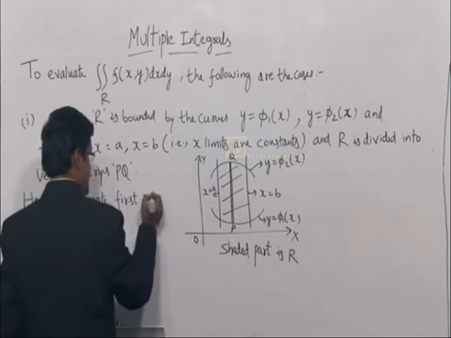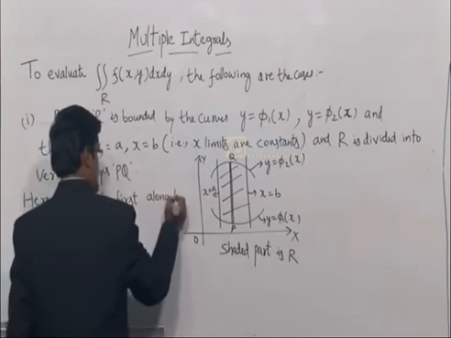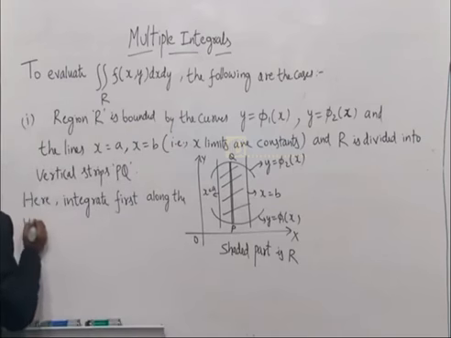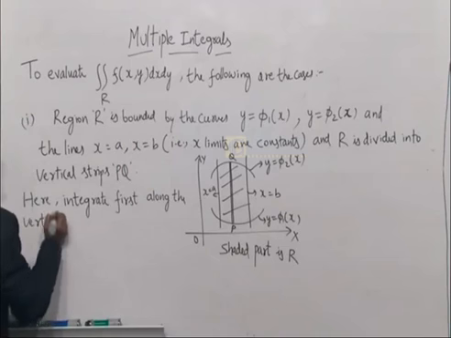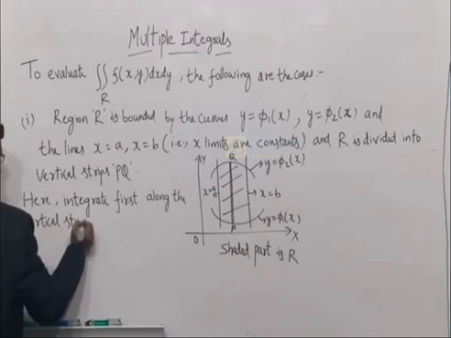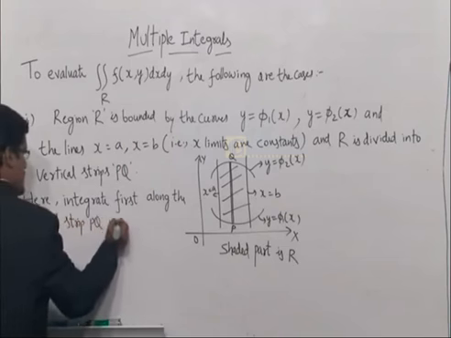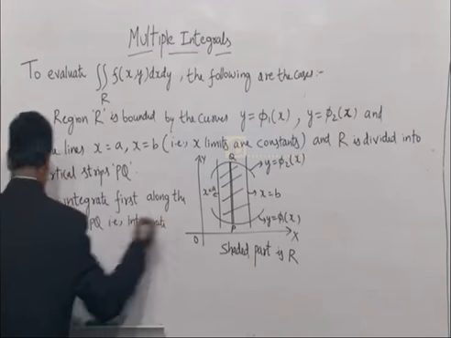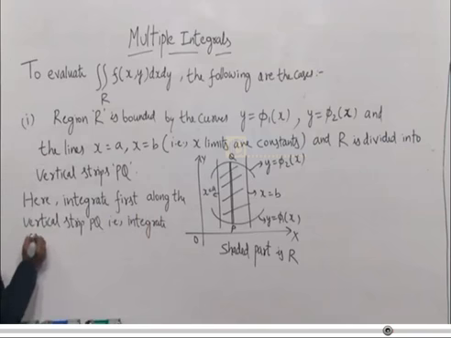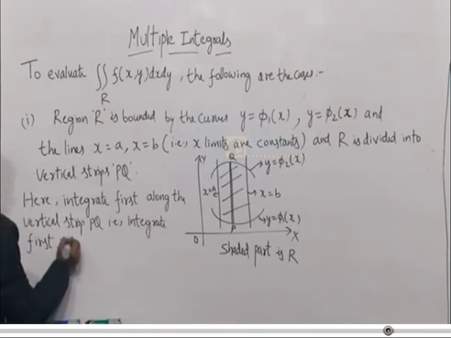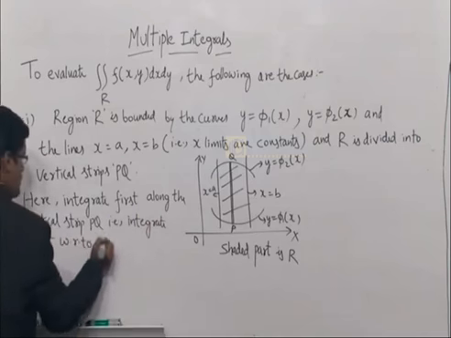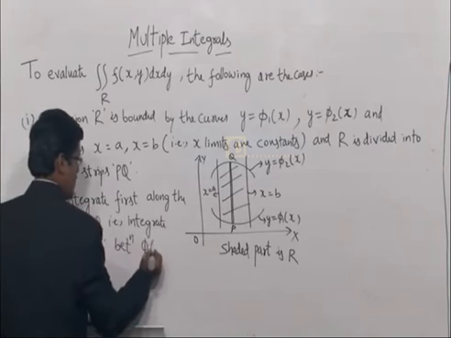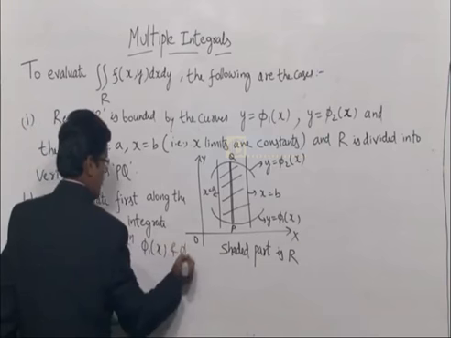here integrate first along the vertical strip PQ, that is integrate first with respect to y between 5x and 5 to x.